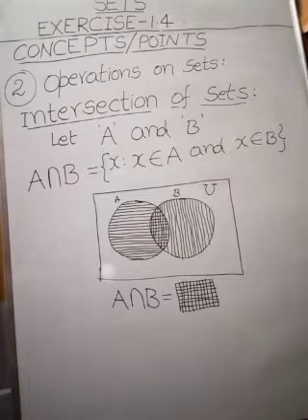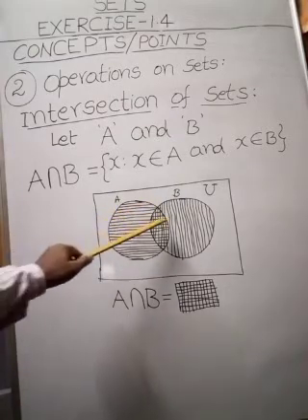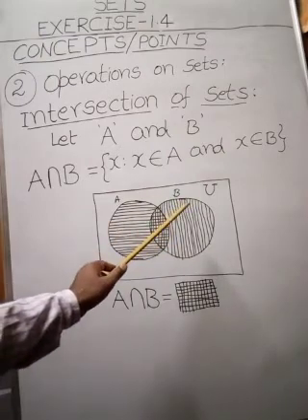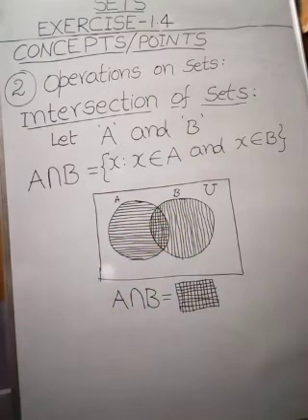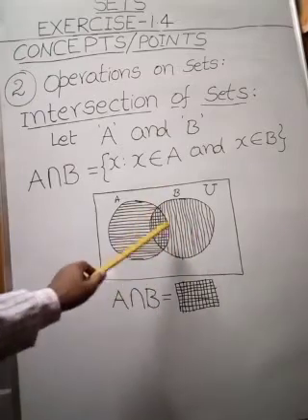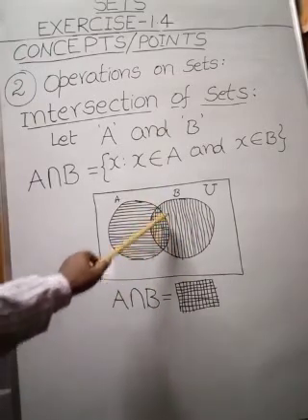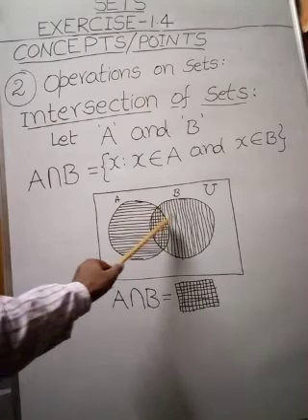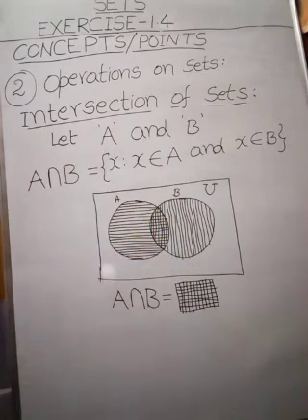We are representing the intersection of sets A and B in the Venn diagram. In that case, we have to draw horizontal lines in the first set, and in the second set we have to draw opposite lines, that is vertical lines. Then this part denotes the intersection of A and B. This is the common part, isn't it, my dear children?